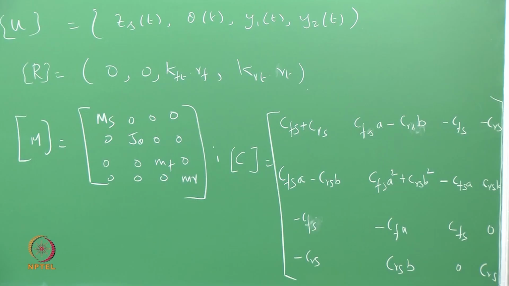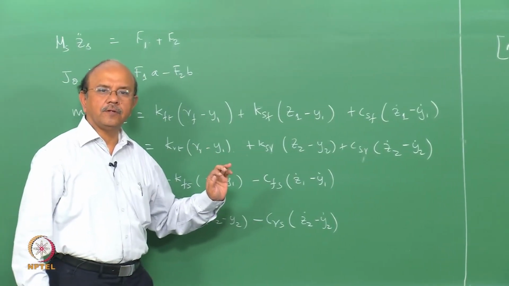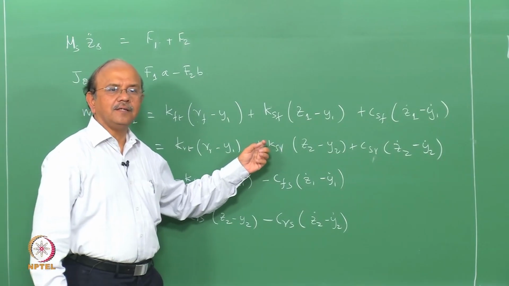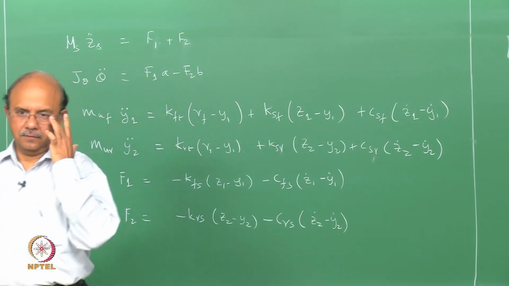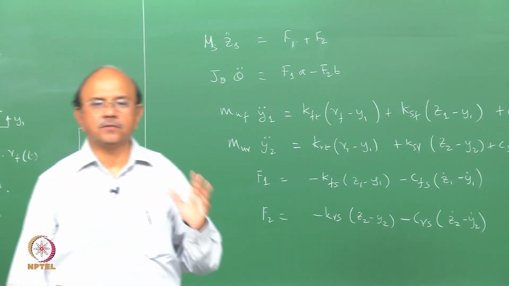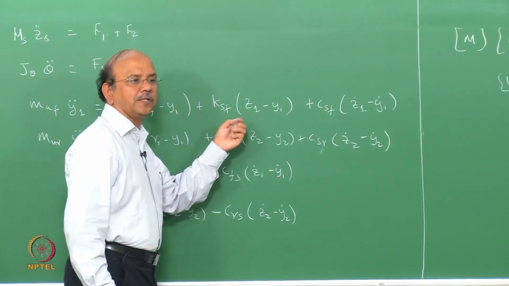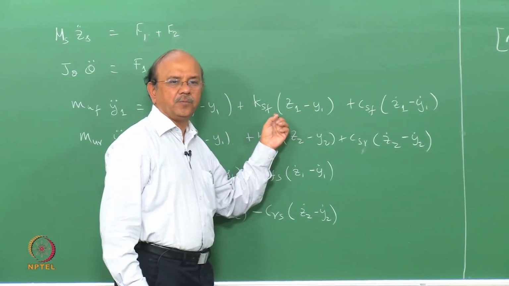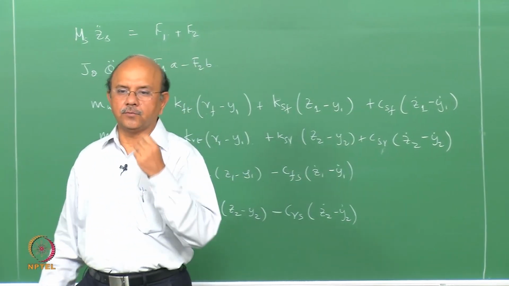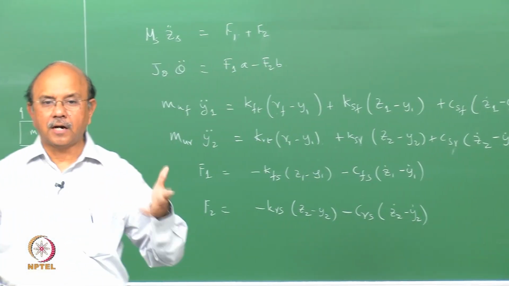One of the things which I had pushed in without elaborating is that the spring stiffness is a constant. In other words, when I wrote down this equation, I had pushed that the spring is a linear spring, which is definitely not the case with most of the suspension systems. It's a hardening spring.